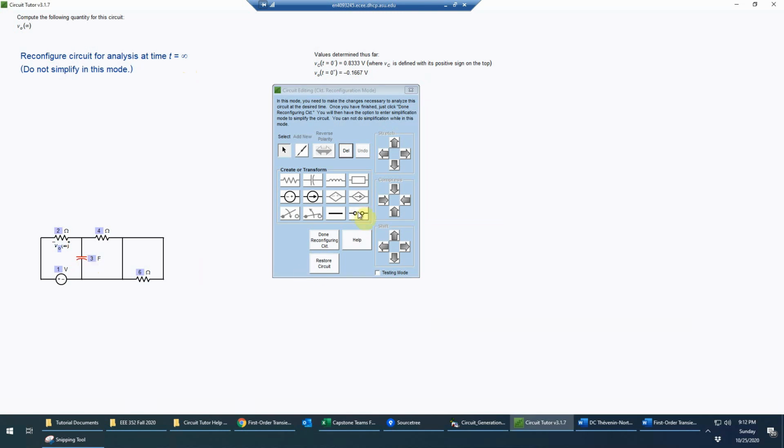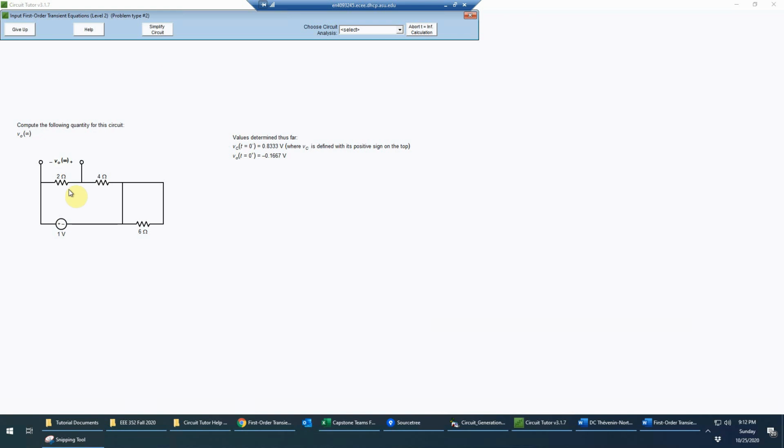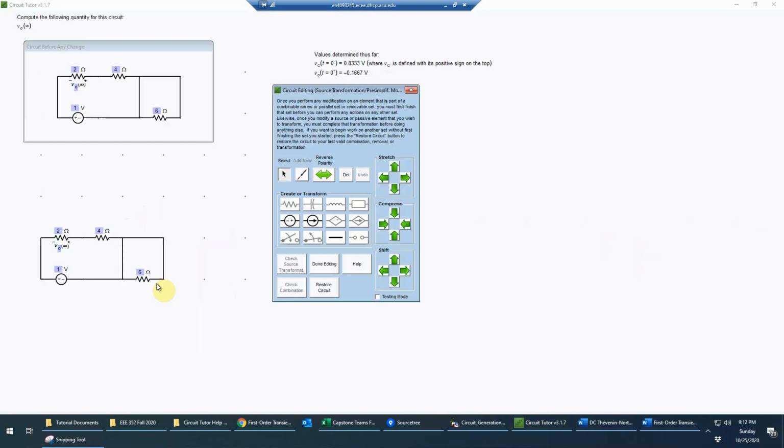So that means that this can be replaced by an open circuit, or I could just actually delete it. I think since there's no voltage across it, I may as well just delete it entirely. So I'll just delete it. And basically that's done now. And then once again, since I have a shorted element, it would make sense to remove that.